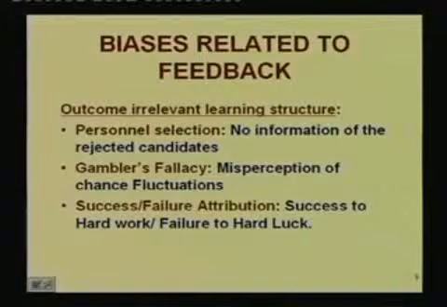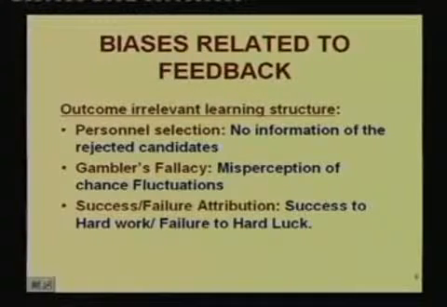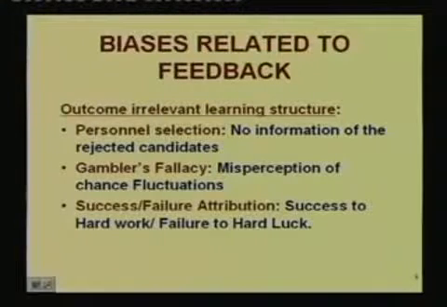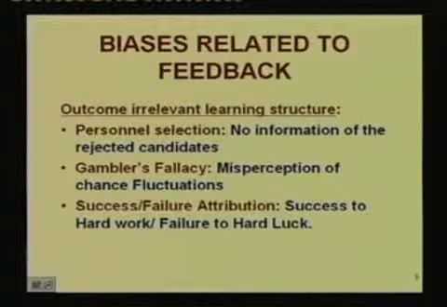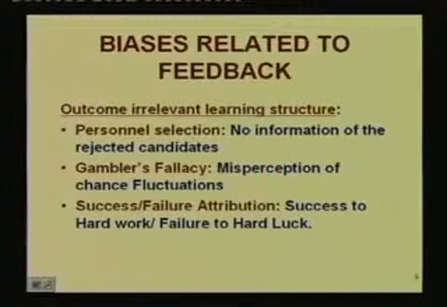Now, biases related to feedback. There is an important thing, that is outcome irrelevant learning structure. This is a very interesting case. Say personnel selection, where no information about the rejected candidates is available to us.